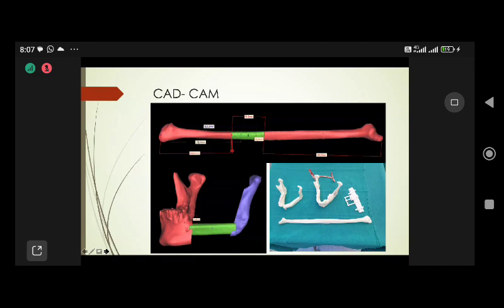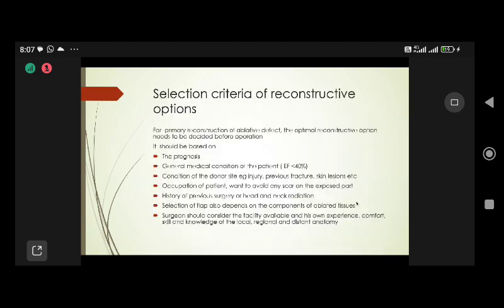These are computerized pictures of the fibula and reconstructed mandible. And here, these are the models prepared and jigs for osteotomy of the fibula for mandibular reconstruction.